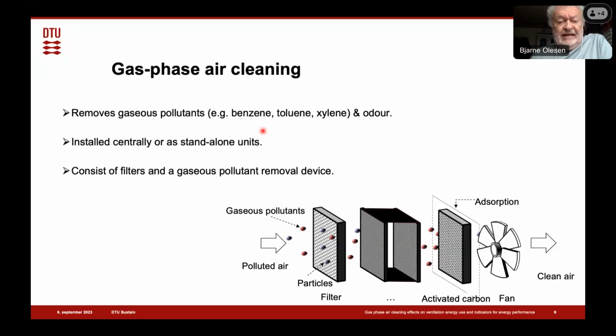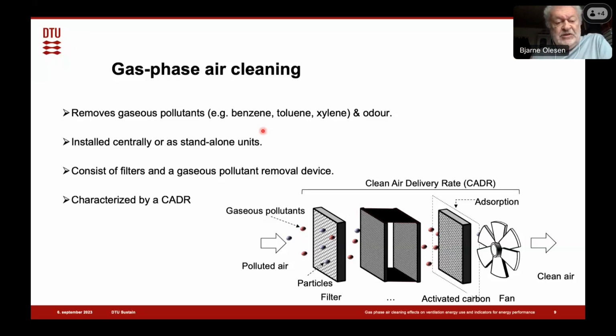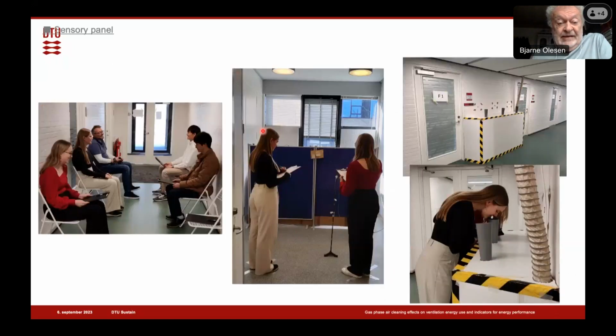These will react in different ways. I'll come back to that. But the thing is, we want to find a test method where we can find the clean air delivery rate of the air cleaner. And we still have to do that by using people.